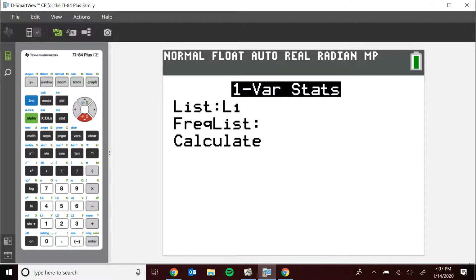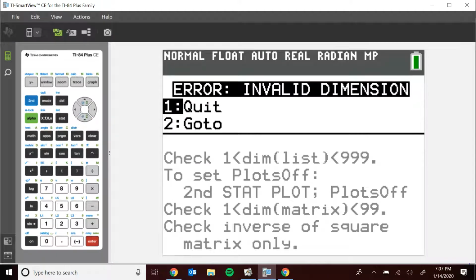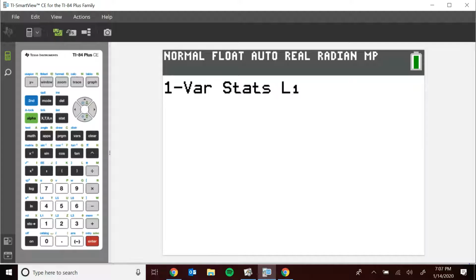Now, this calculator I don't think has anything in there, and so that's why it's giving me an error. Now, let's recall, if you're on one of the other operating systems that does not have the menu, then we used to go like this last chapter, L1 with L2's frequency. But again, we do not need to do that because we are not going to have the frequencies in L2.